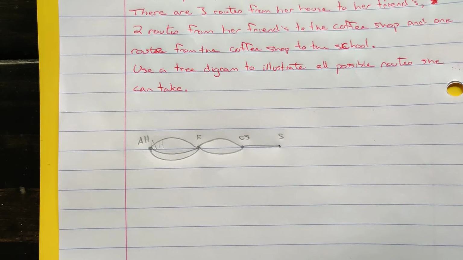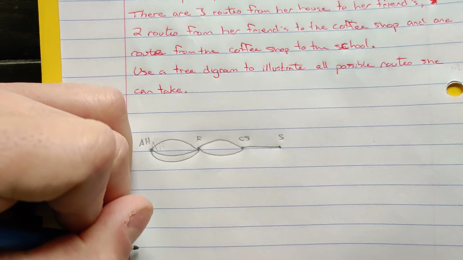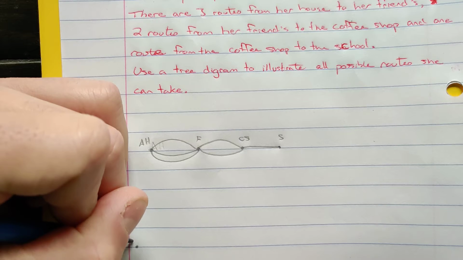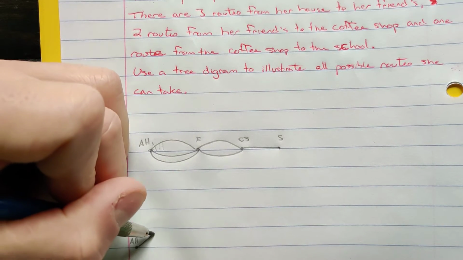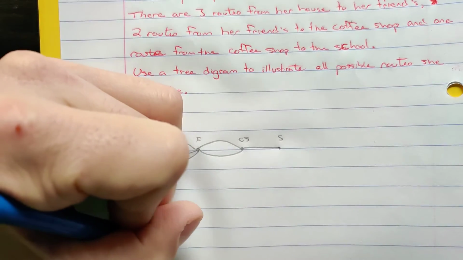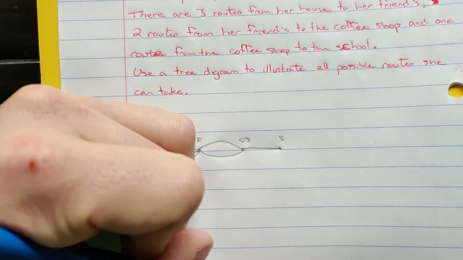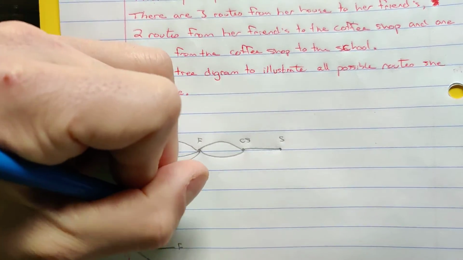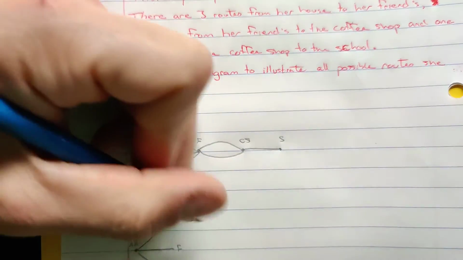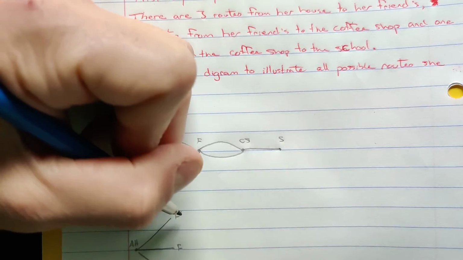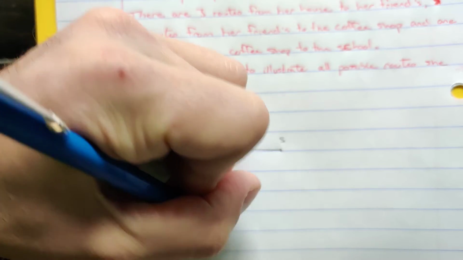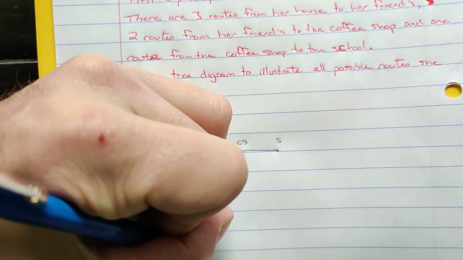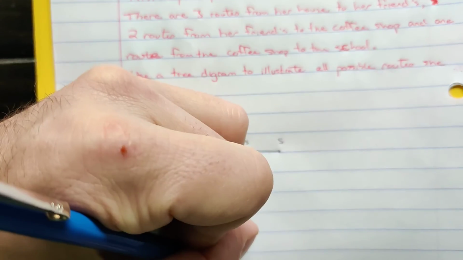So now if we were to illustrate this as a tree diagram, we would start here at her house, and then she can go on 1 of 3 paths to get to her friend's house. And then from her friend's house, she could take 1 of 2 paths to the coffee shop. And that's in each case. Anytime she gets to her friend's house, she can take 1 of 2 paths to the coffee shop.